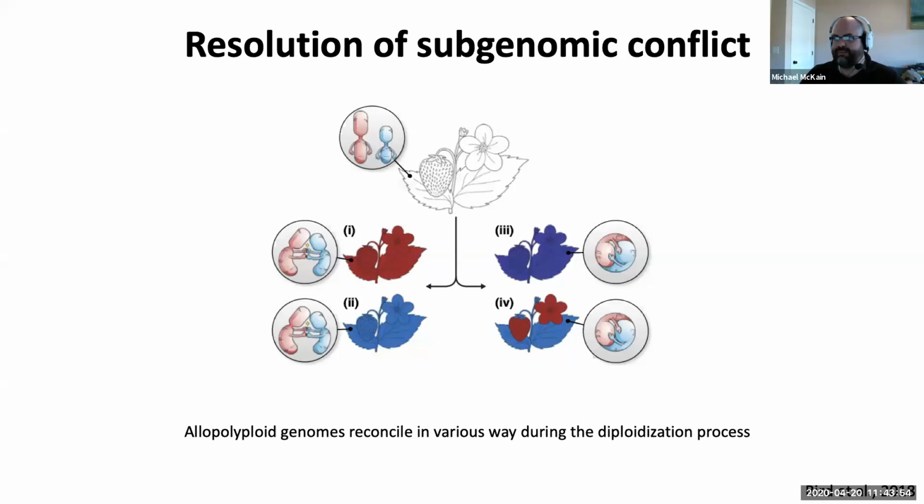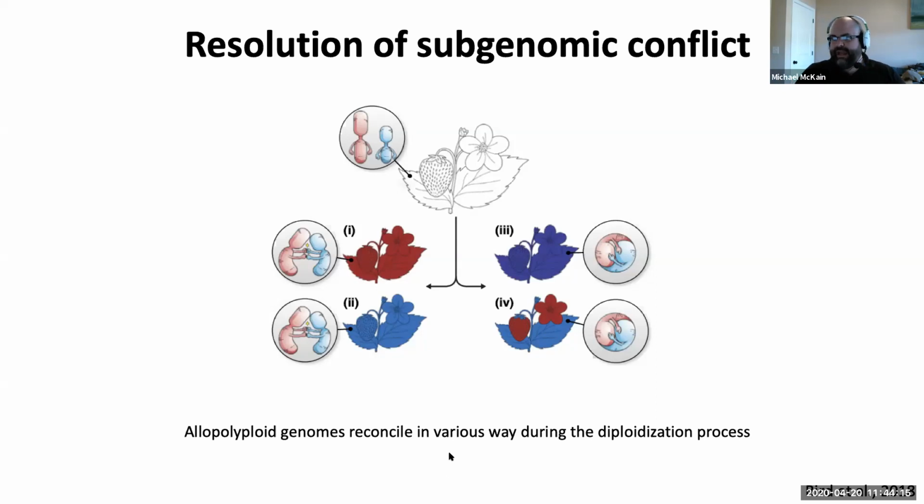Or you can have a separation by state, vegetative versus reproductive. In this case, the vegetative material is supported by the blue subgenome, and the reproductive is supported by the red subgenome. So all this is getting figured out.